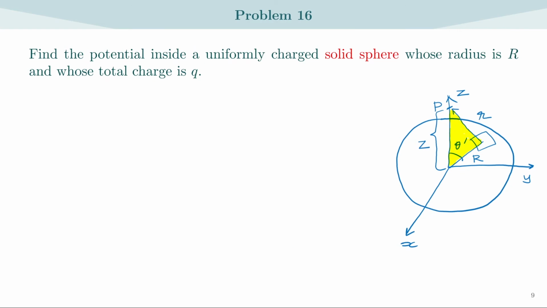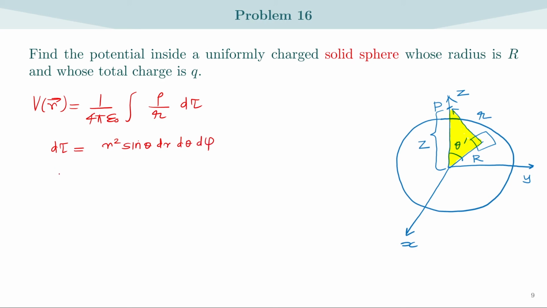Problem 16 is to find the potential inside a uniformly charged solid sphere whose radius is capital R and whose total charge is Q. In this case, the potential is V(z) equal to 1 over 4πε₀ ∫ ρ over script r times dτ. Here dτ is the volume element, which is given by r² sin θ dr dθ dφ, and script r is given by √(z² + r² − 2rz cos θ).